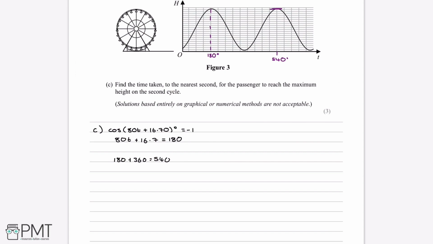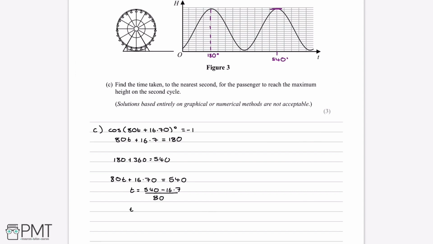So therefore, 80t plus 16.70 must be equal to 540, because that's what's inside the brackets by cos. So if we rearrange this and solve for t, t is equal to 540 minus 16.7, divided by 80.